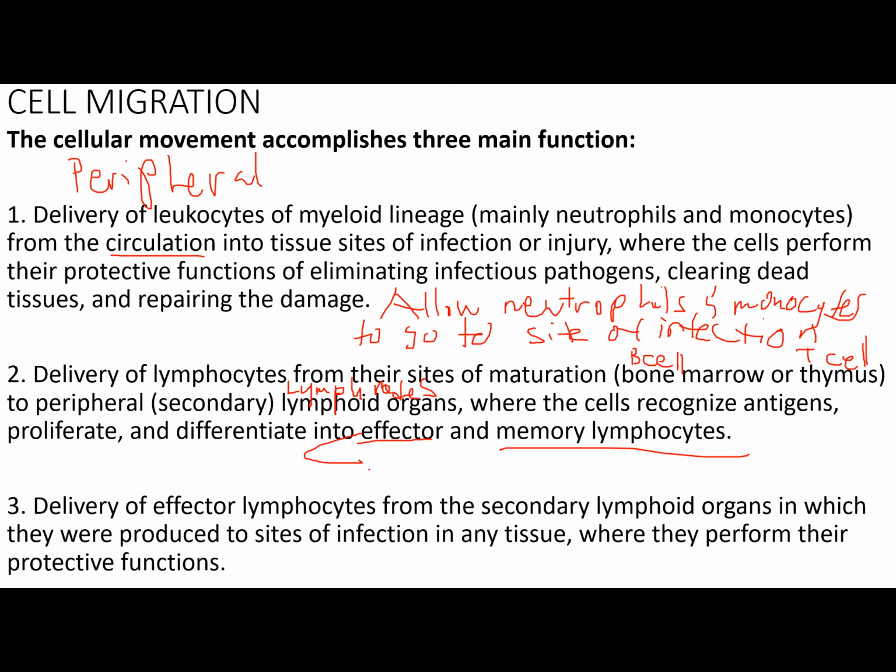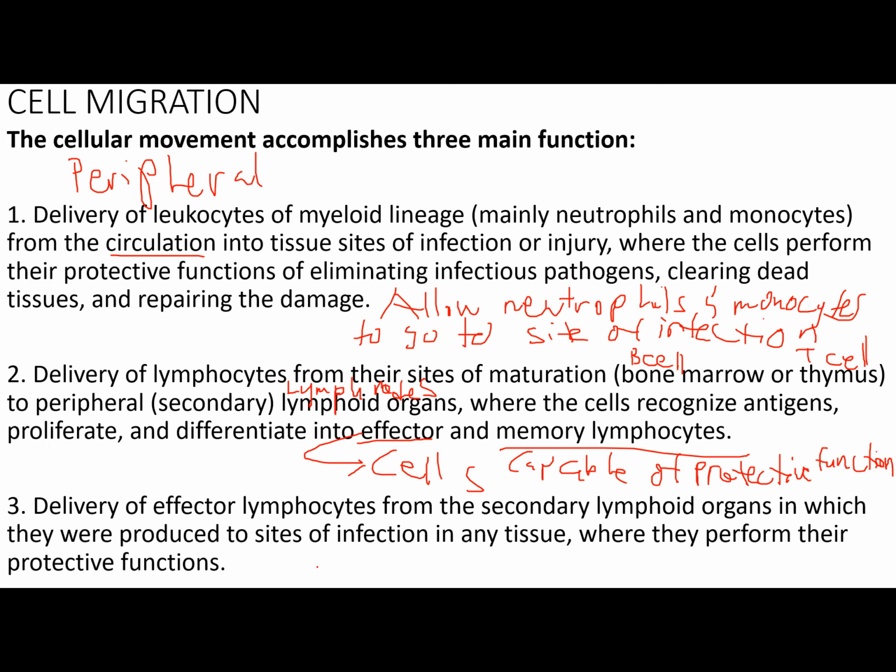When you say effector class, these are your cells capable of protective function. Basically, class, they could fight off the antigens.